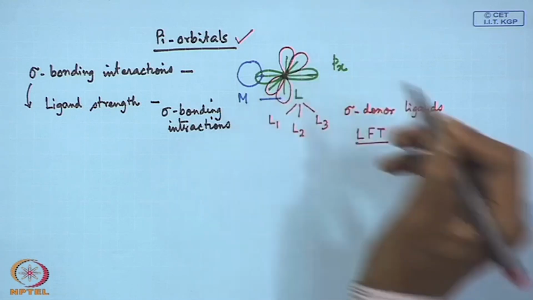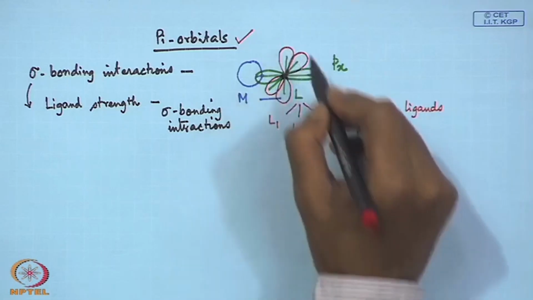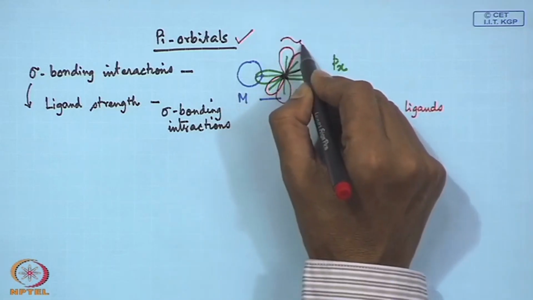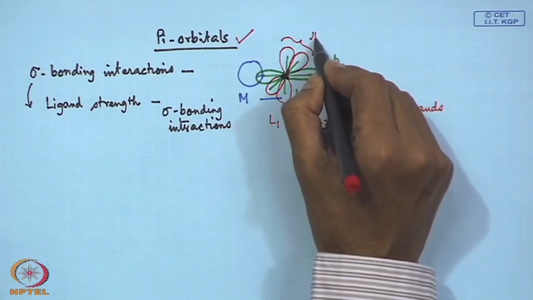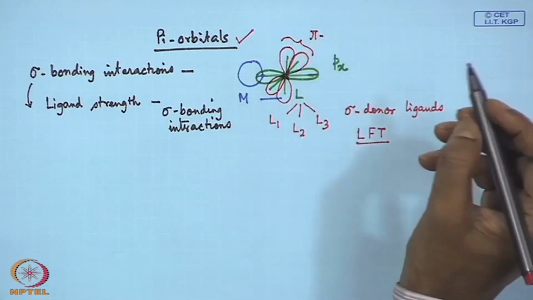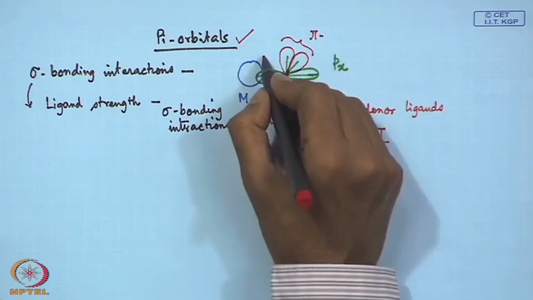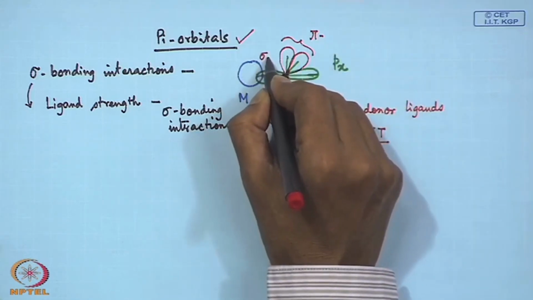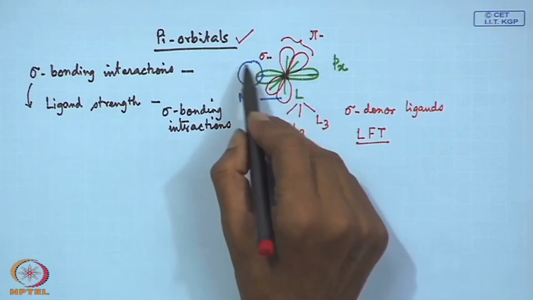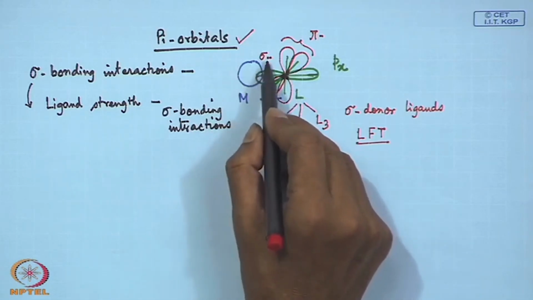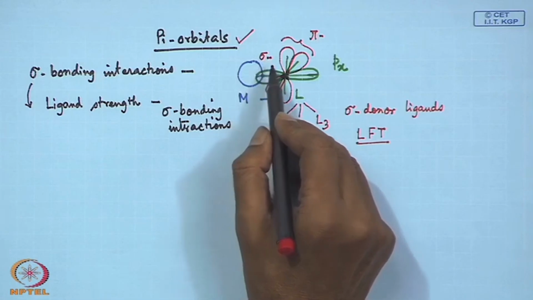Though they are not directly facing the metal-ligand axis, they are in some other orientations, so they will give the corresponding pi interactions, whereas the head-on overlap between the px and the suitably placed metal orbitals gives rise to sigma interactions.